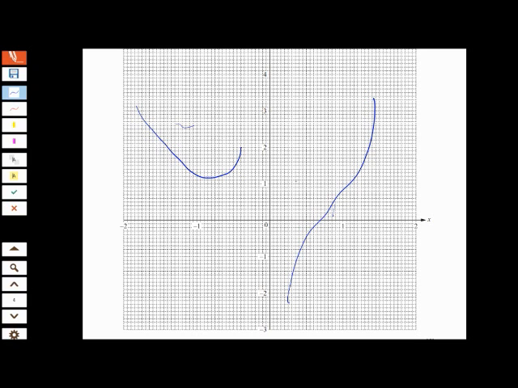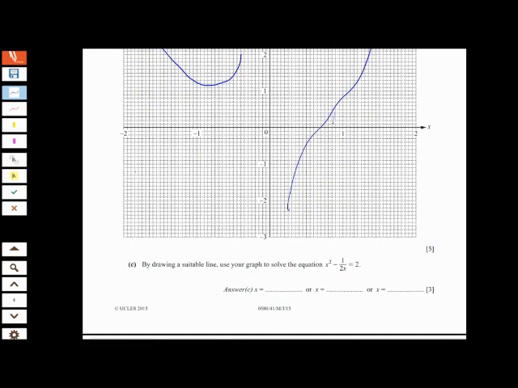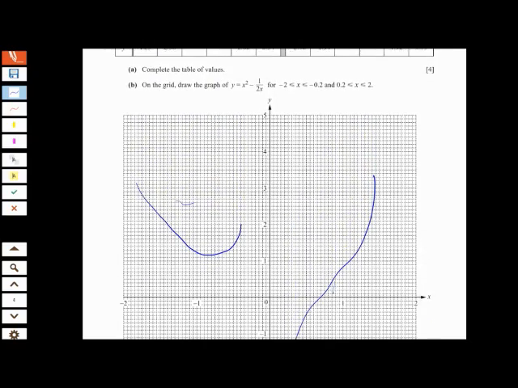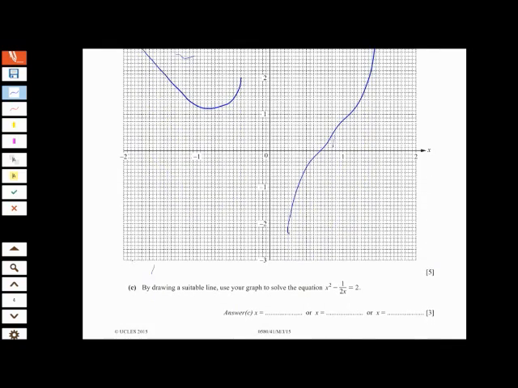By drawing a suitable line, use your graph to solve the equation x squared minus 1 over 2x equals 2. So what we learned from this equation is it's similar to that equation, except it equals 2 and that one equals y. So what we deduce from this is y equals 2. And so draw the line y equals 2 in the graph.